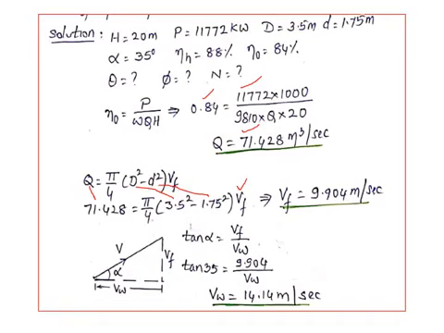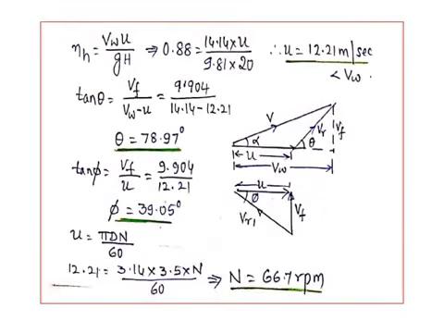Now, following the same procedure, writing the components of V, in the radial direction it is Vf and in the horizontal direction it is Vw. So tan alpha is Vf by Vw. Because alpha is known, 35 degrees, Vw can be calculated, which is 14.14. Now I have to calculate the value of u, to see whether it exceeds Vw or is less than Vw.